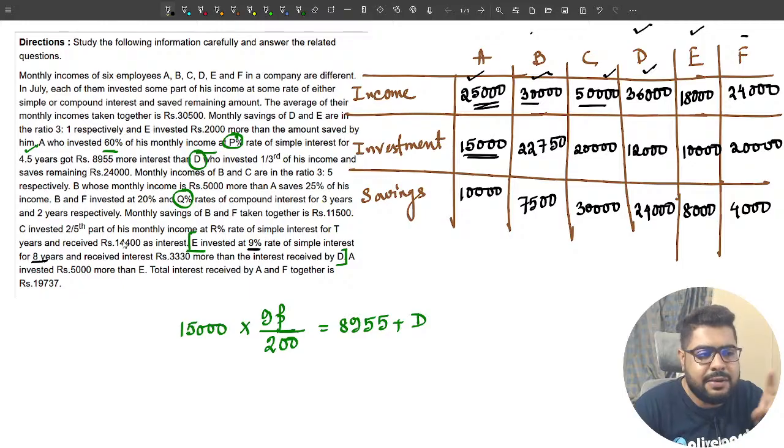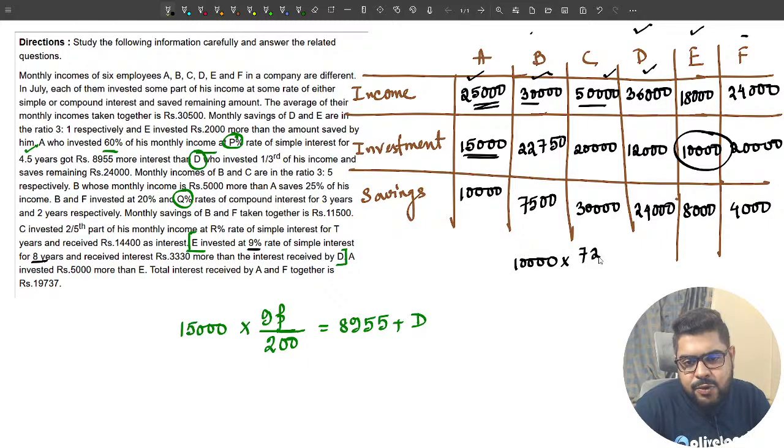So 9 8s are 72%, E will get. E invested how much, sir? 10,000 rupees. Uska 72% E will get, and the received interest this much more than the received interest by D. This is equal to 3330.